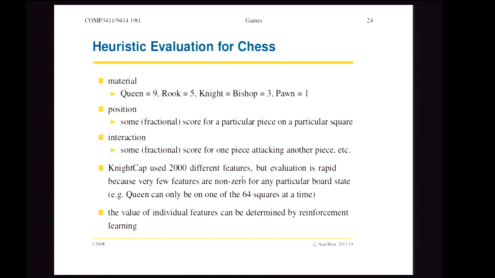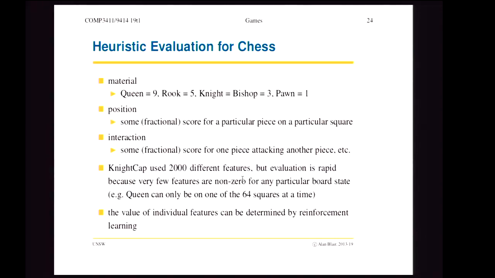A rook is worth 5 points and a queen is worth 9 points. Of course, it's not perfect. Later in the game, bishops are probably worth more than knights and so on. But this is actually a pretty good estimate.